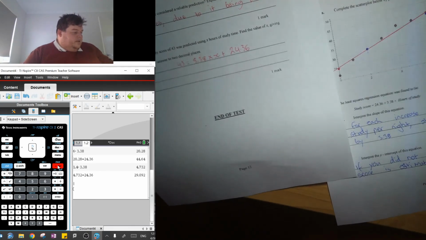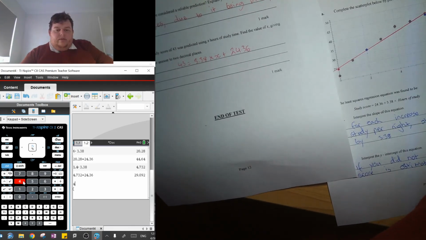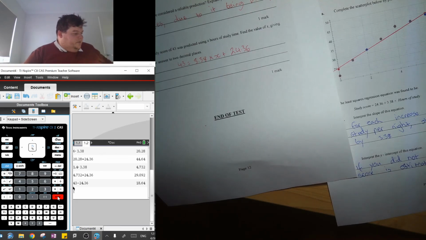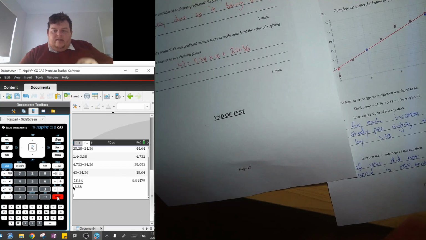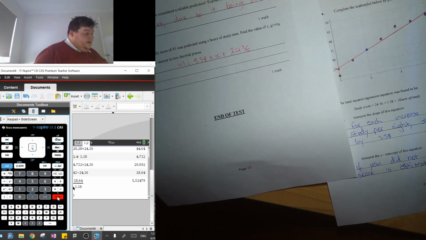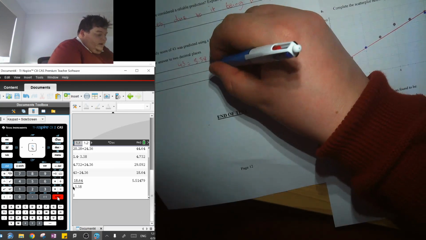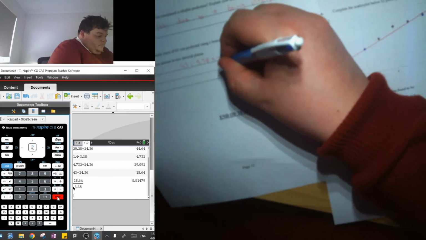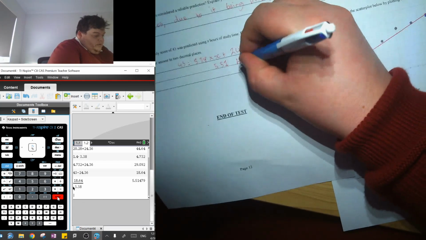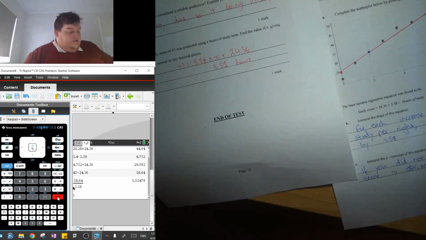I need to minus 24.36 from 43. That gives me 18.64, and then I divide this by 3.38, which tells me that they studied for 5.51 hours, which is a lot. But if you want the good scores, that's what you got to do.